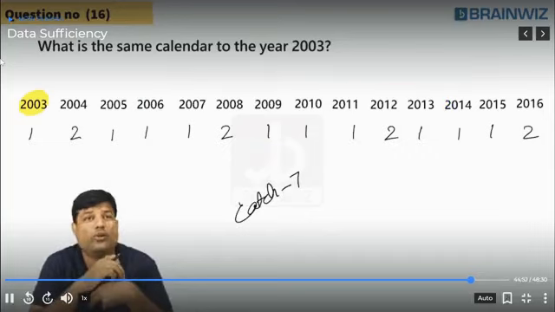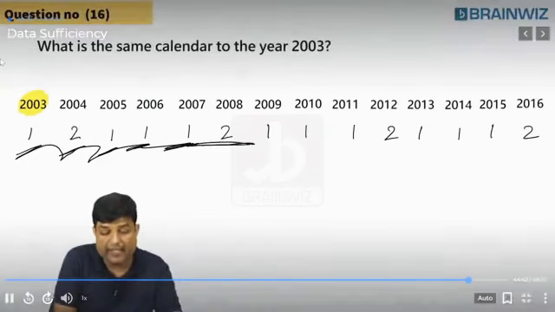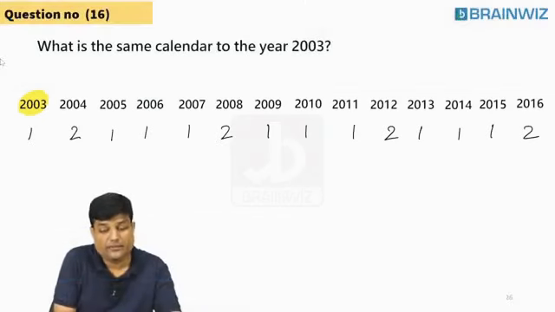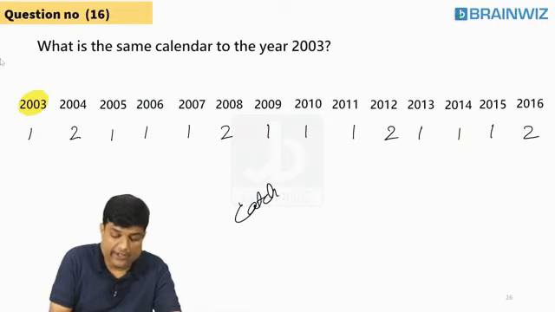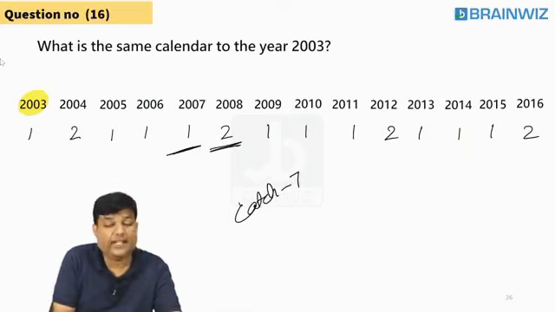You should want 7, but you're not getting 7. Directly you're getting 8. You are not able to catch 7, students. After 6 you're getting 8.